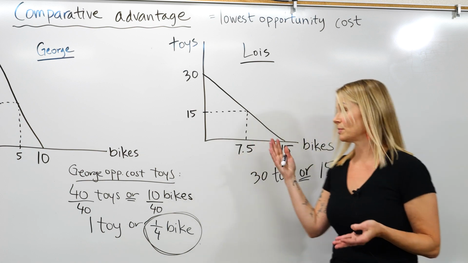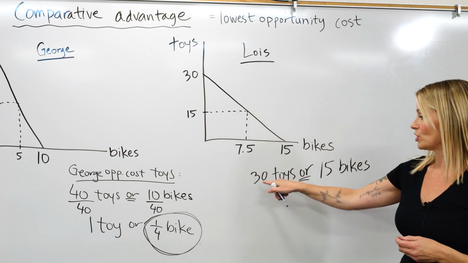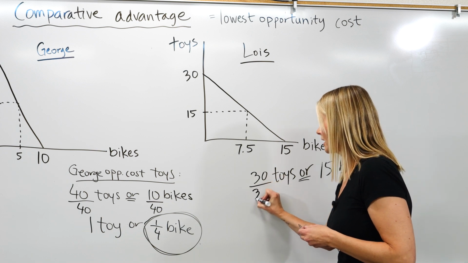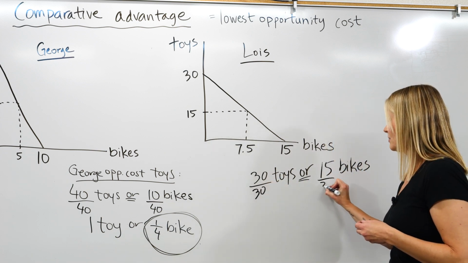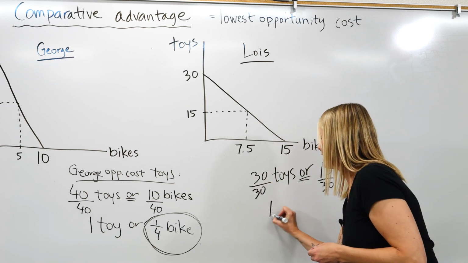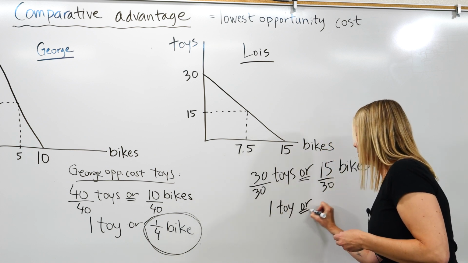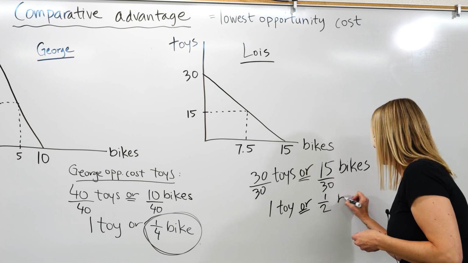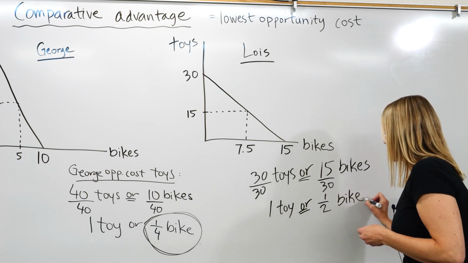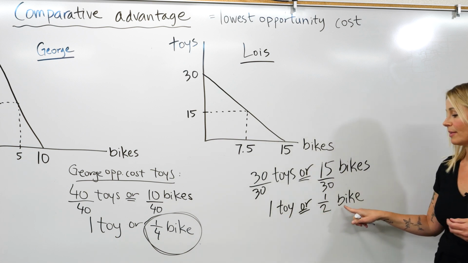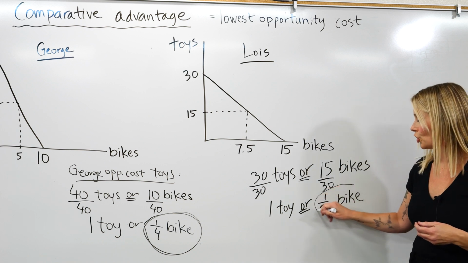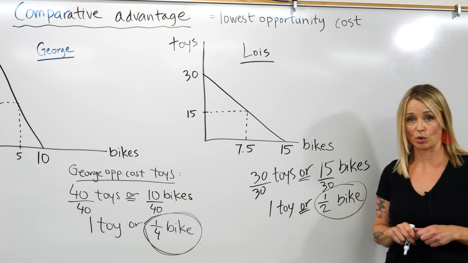What's she giving up in terms of the bikes? So to get this down to one toy, we just divide by 30, and we divide this by 30. So here we have that she can make one toy or 1/2 of a bike. So anytime that she's making a toy, she's given up 1/2 a bike. So that's her opportunity cost for making a toy.